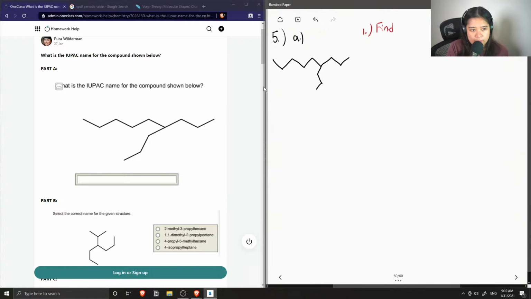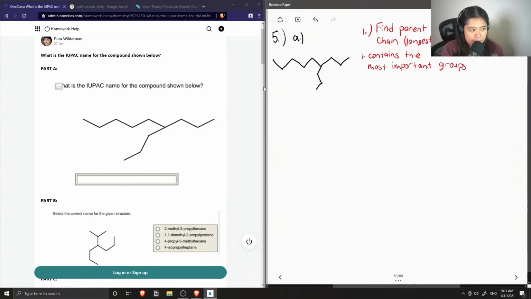So we need to identify the parent chain, which is the longest and contains the most important groups.